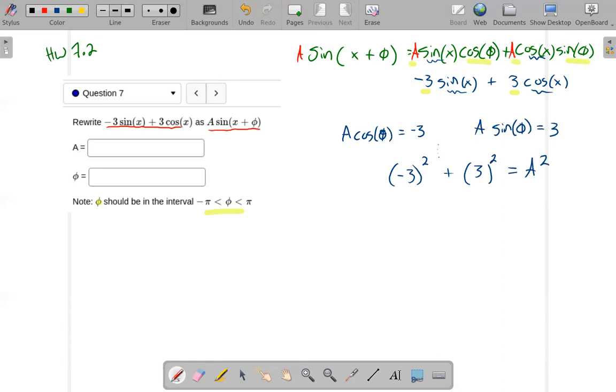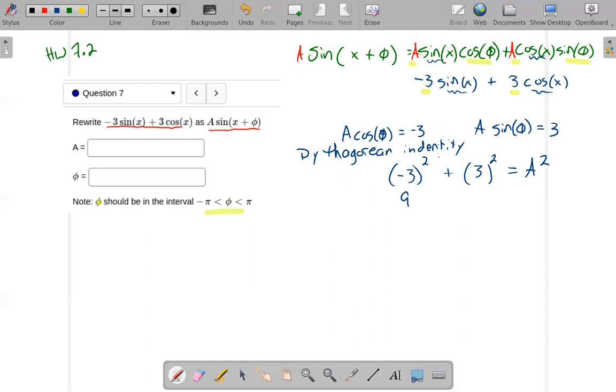So applying the Pythagorean identity here leads to this conclusion. I'm just going to jump to the conclusion because we've applied that in the past.